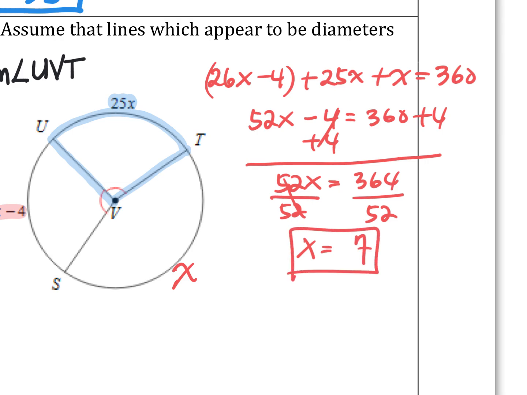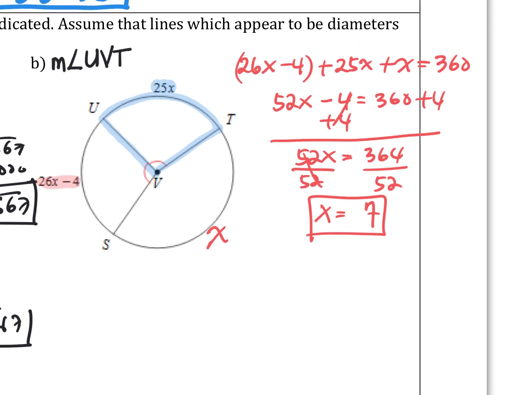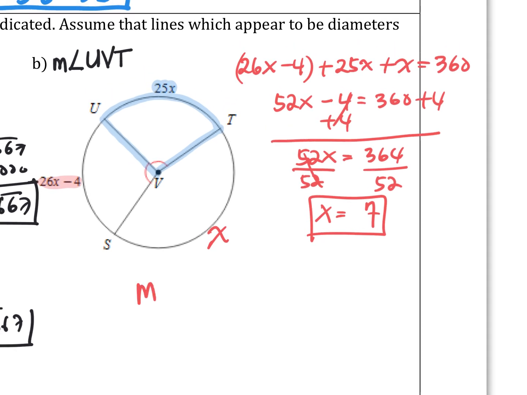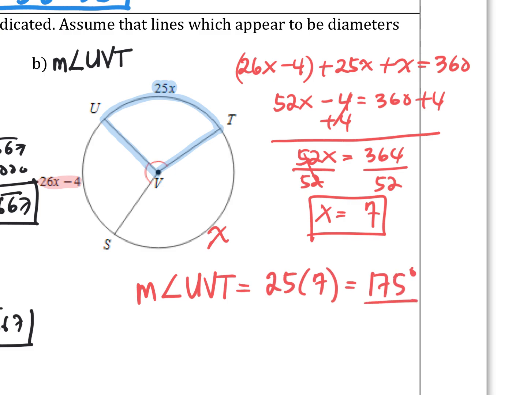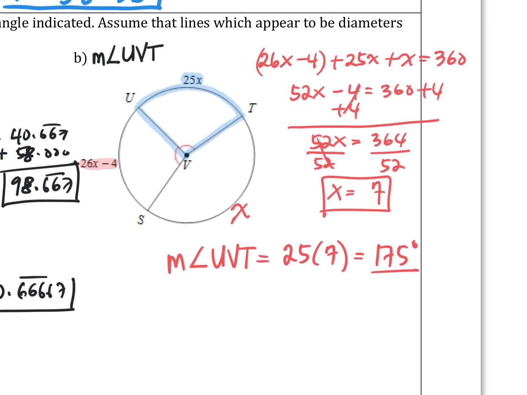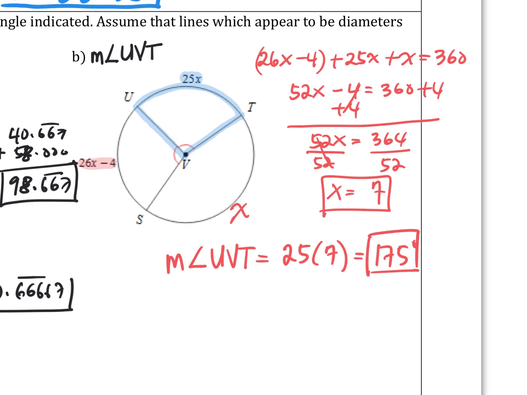So if x is 7 and answering the question in here, the measurement of angle UVT, that's going to give you 25 times the value of x, which is 7. Okay, so that's going to give you a total of 175 degrees.